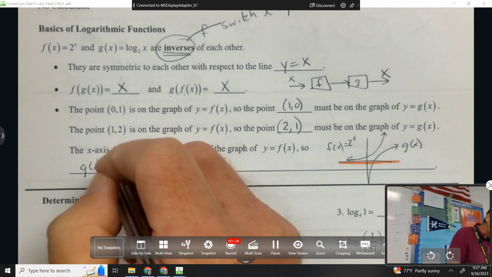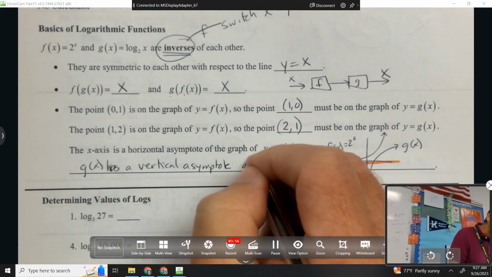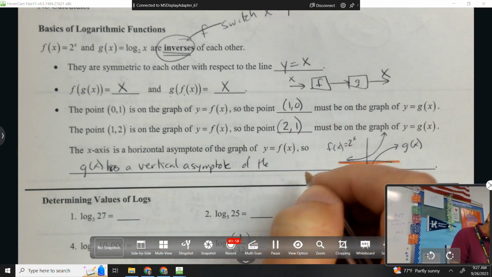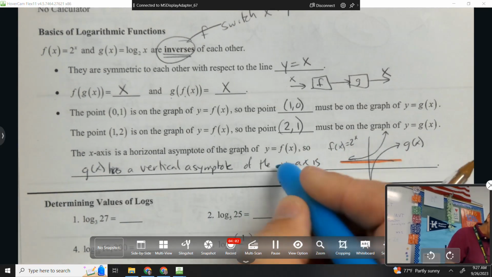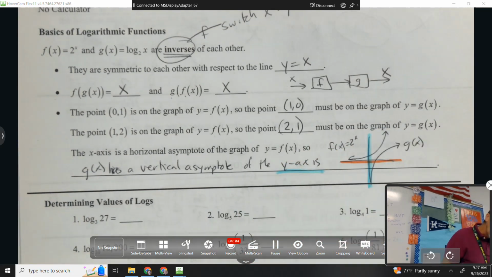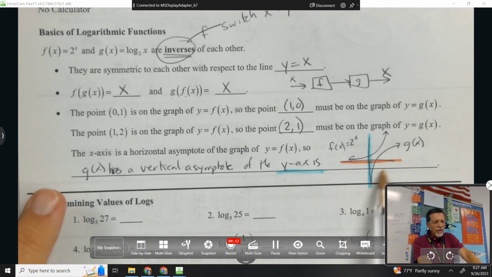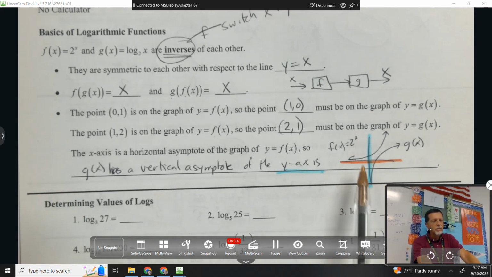G of x has a vertical asymptote of the y-axis. If you switch x and y, all the x and y things get switched. I think once we get to actually graphing these, that'll sort of take care of itself. I wouldn't worry too much about that.